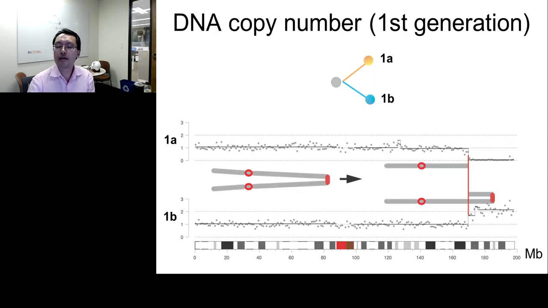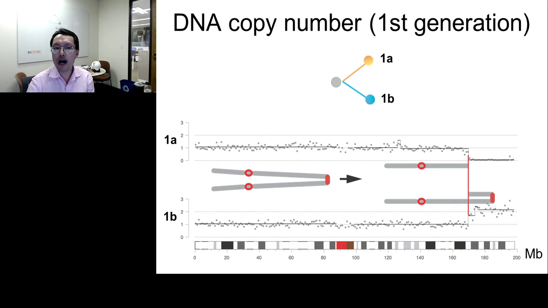So let's look at what happens in the first generation. That is, we start with a cell and let the cell divide into two daughter cells connected by a chromosomal bridge, and wait for the bridge to resolve, and then sequence these two daughter cells separately. Schematically, this is shown here in the dicentric chromosomal bridge. We don't expect the break to be exactly symmetric between the two centromeres.